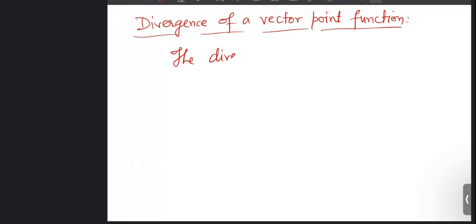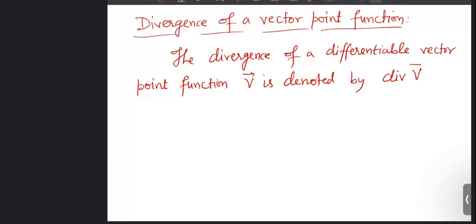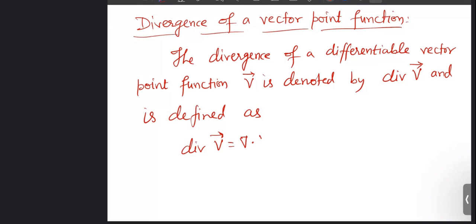The divergence of a differentiable vector point function V is denoted by div V and is defined as div V = del dot V. When del is in dot product with a vector, then it is named divergence.